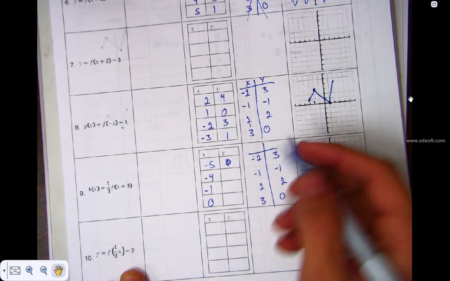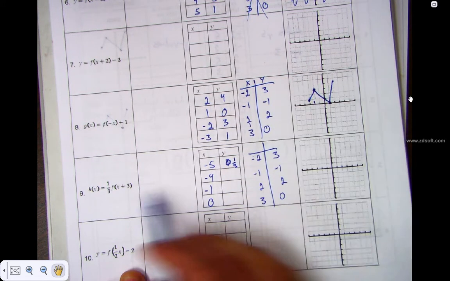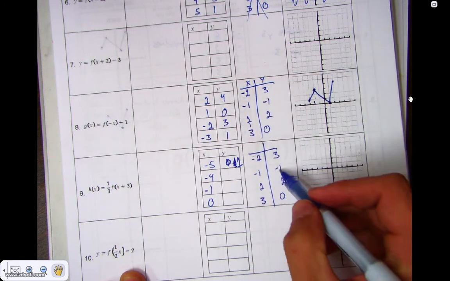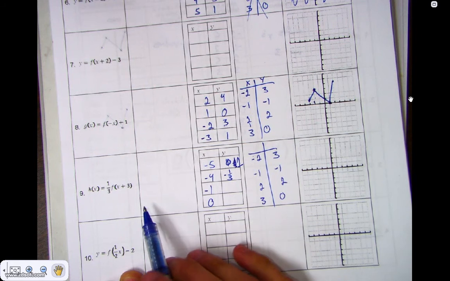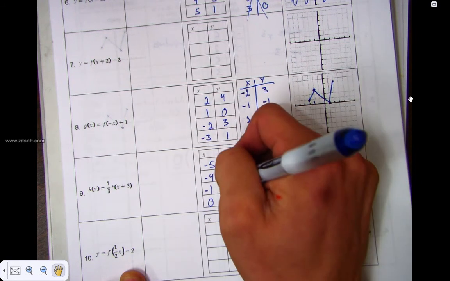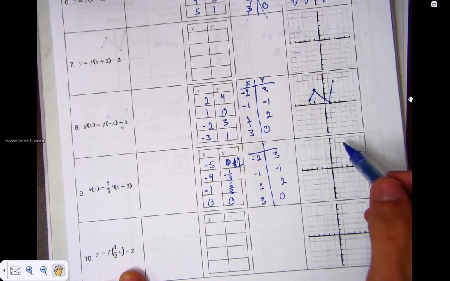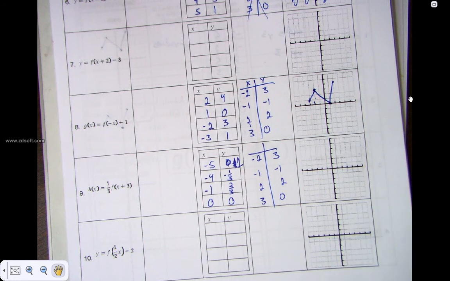So 1/3 of 3 is going to be 1. 1/3 of -1 is going to be -1/3. 1/3 of 2 is going to be 2/3. 1/3 of 0 is still 0. So then when I plot all those points, that's what it would look like. Okay, well, thanks for watching, and I hope this helped.